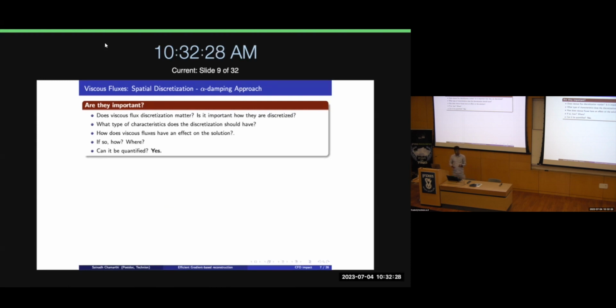So it has become a problem for me. I took one particular scheme and ran the simulation, and I got a different result. But in the literature, people say, no, you will get the same result whatever you use. But we found that that's not the case. The viscous fluxes have an effect on the solution and it can be quantified.